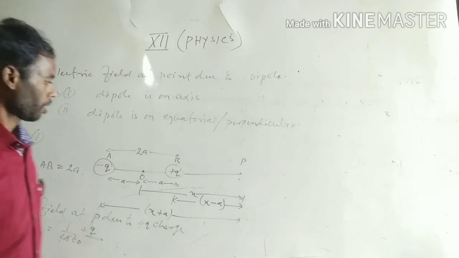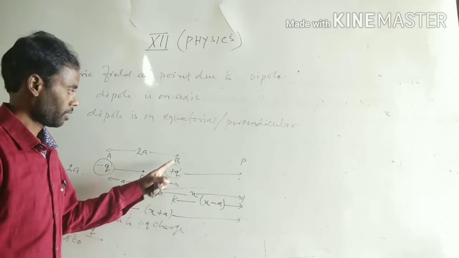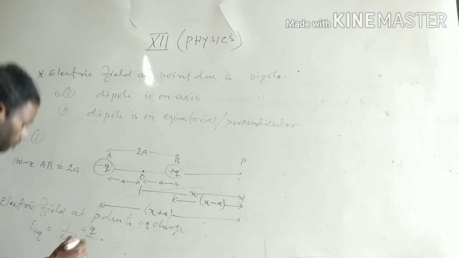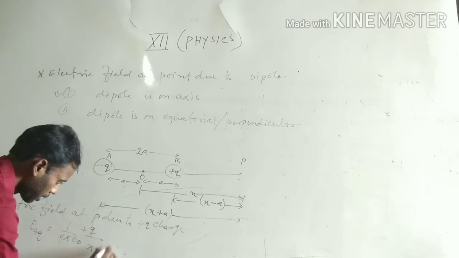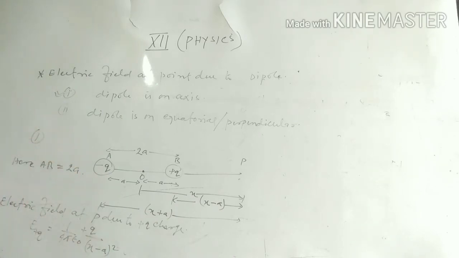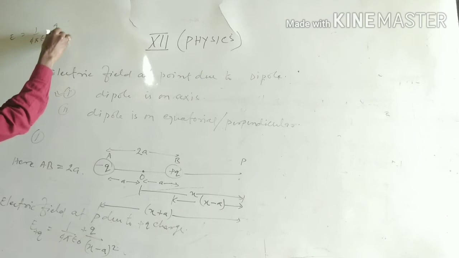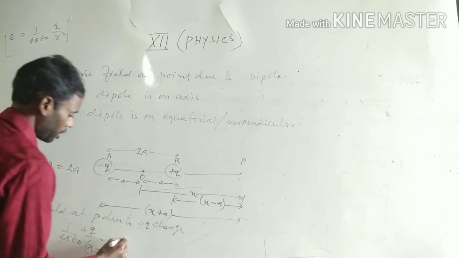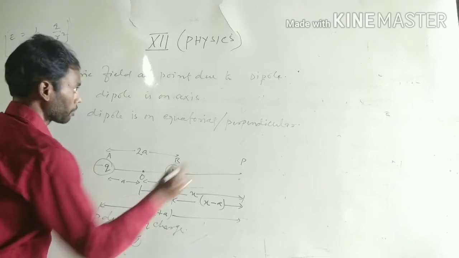For this we will take the distance BP, that means x minus a, whole square. So the electric field is equal to 1 by 4 pi epsilon naught Q by R square. We use this formula for the plus Q. Suppose this is equation number 1.